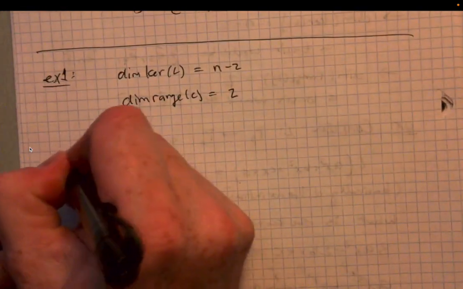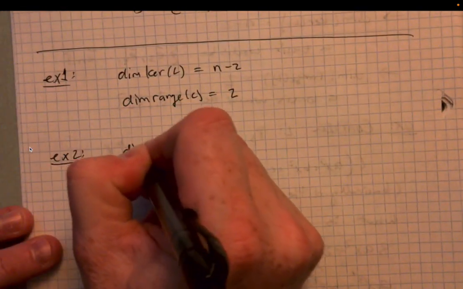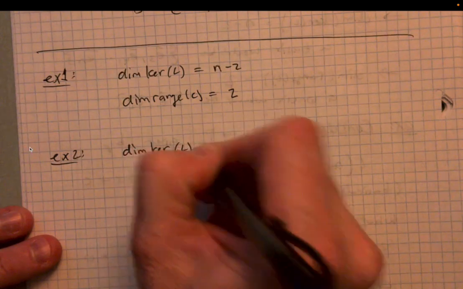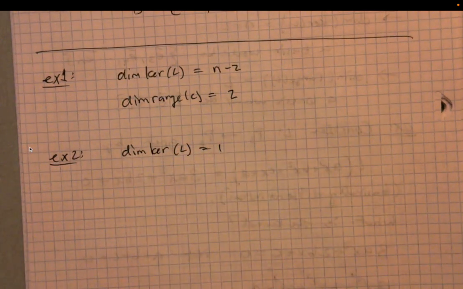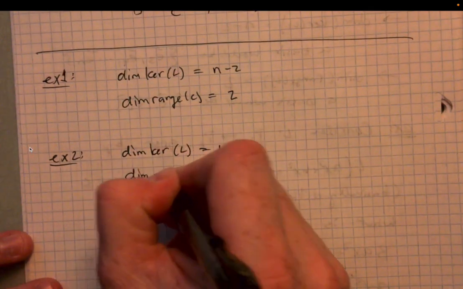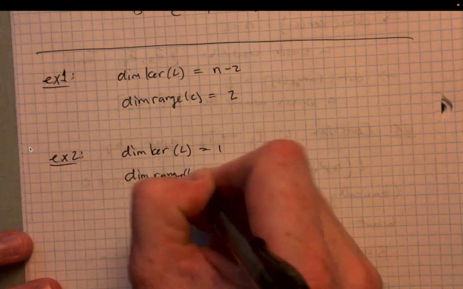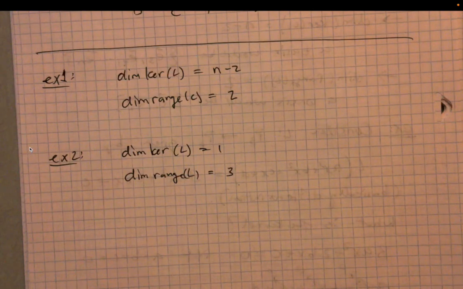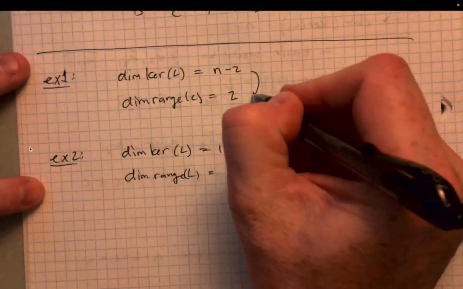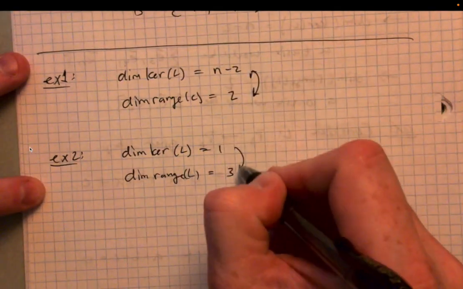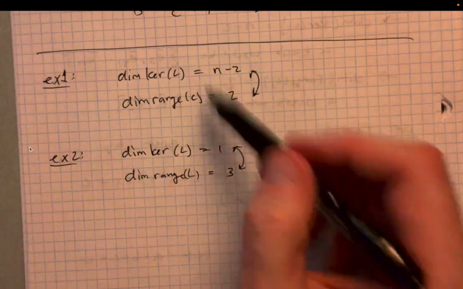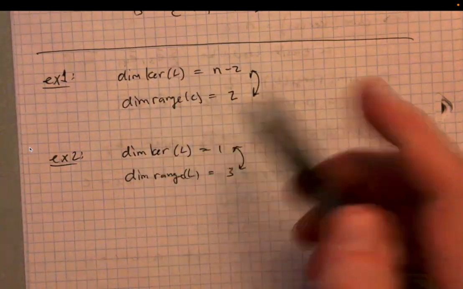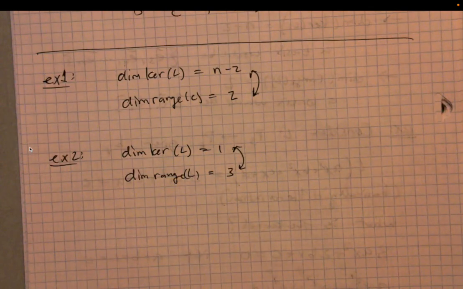And then the example we just saw, we said that the dimension of the kernel was 1, and the dimension of the range was 3. Okay, and so the dimension theorem says something about the relationship between these two, the dimension of the kernel, the dimension of the range, and specifically the sum of the dimensions here.